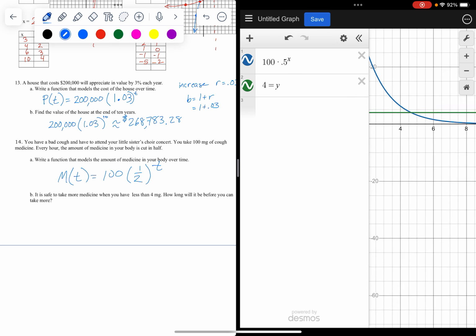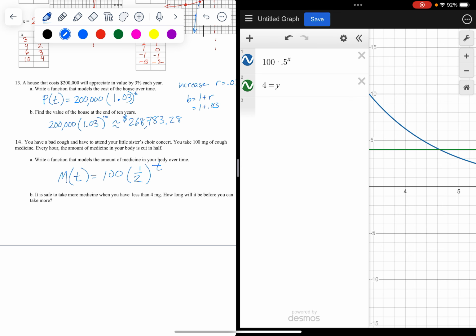When I find the intersection on Desmos, it tells me that I'm going to be exactly at 4.64 hours. Maybe I'll take a screenshot of that and put this in my notes. How long will it be before I can take more? t is about 4.644 hours.